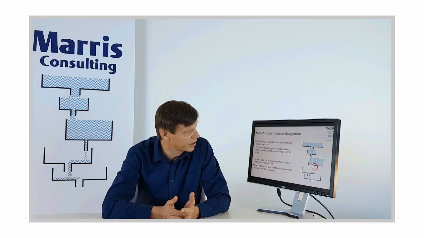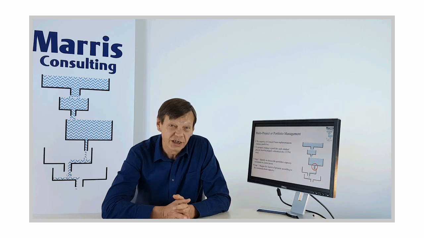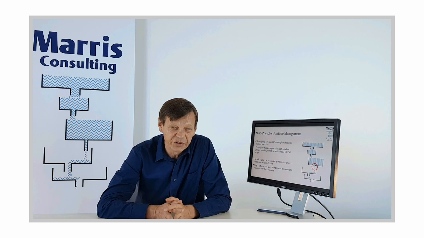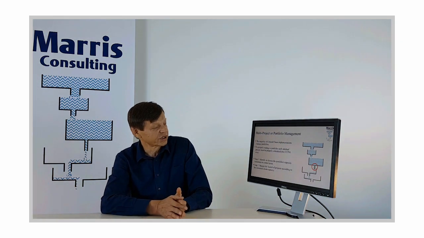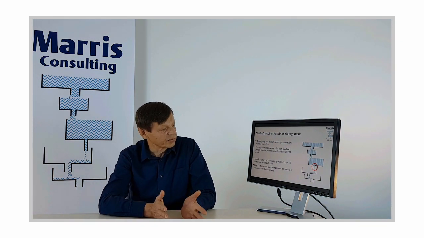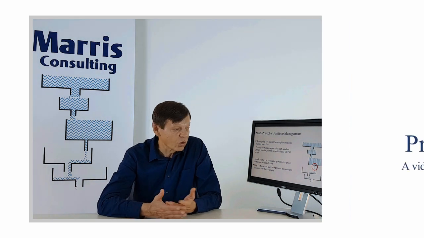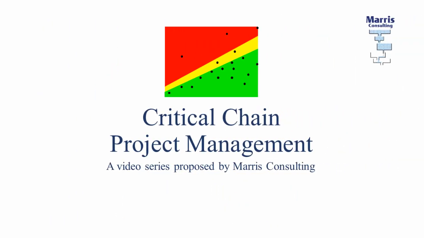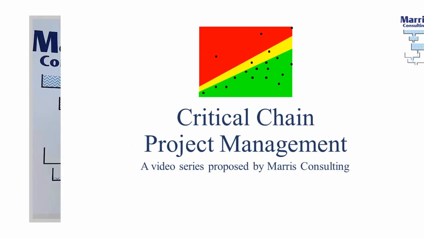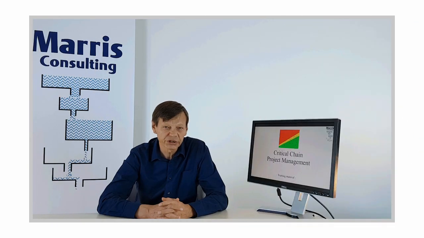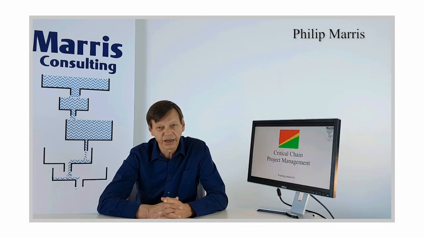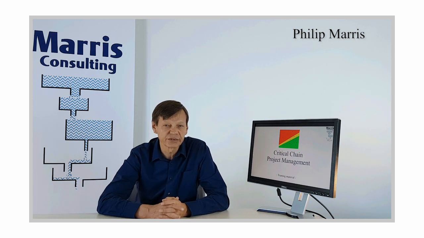So that's a very short version of critical change project management for portfolios, and there are videos that go into more detail about that subject too, because obviously portfolios are very different from one kind of business to another, for instance. So that's a very quick summary of how you plan projects in a critical chain way, and the next video in the series is about how you execute.